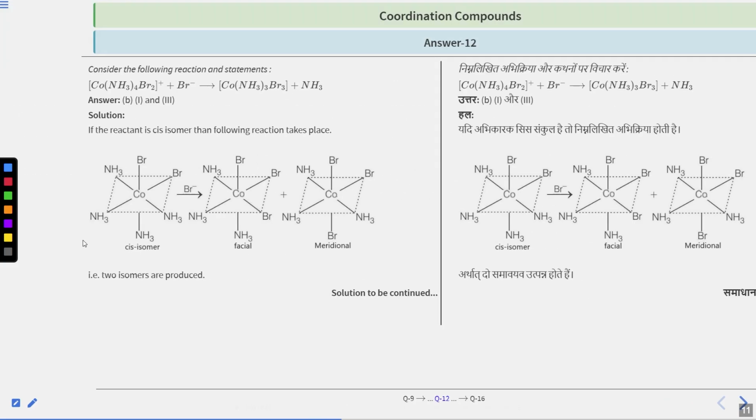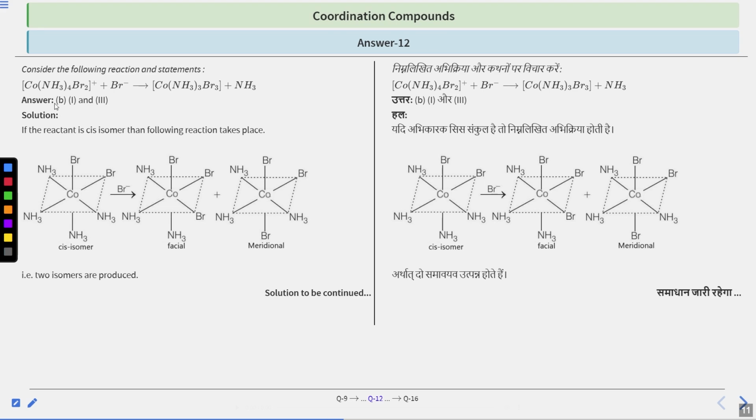Okay, let's see. The correct answer is option B, that is first and third. If the reactant is a cis isomer, then the following reaction takes place. We have been given a reaction here. Basically, we have taken the reactant as a cis isomer. You can see bromine is adjacent to each other, ammonia is adjacent to each other, so it is a cis isomer.